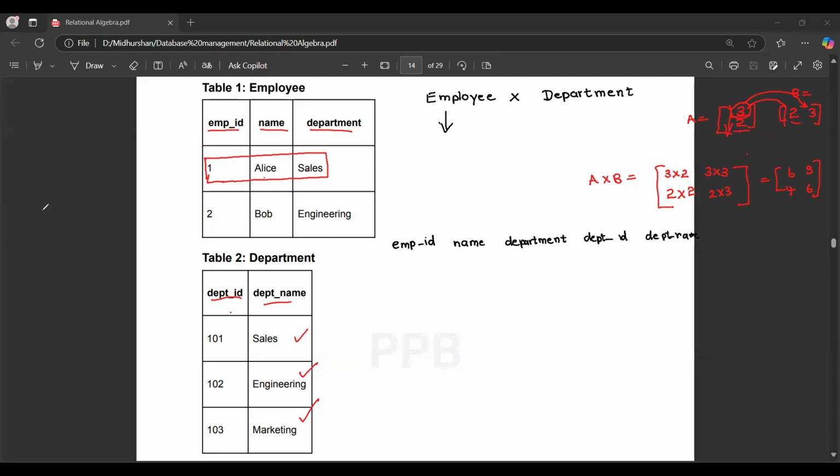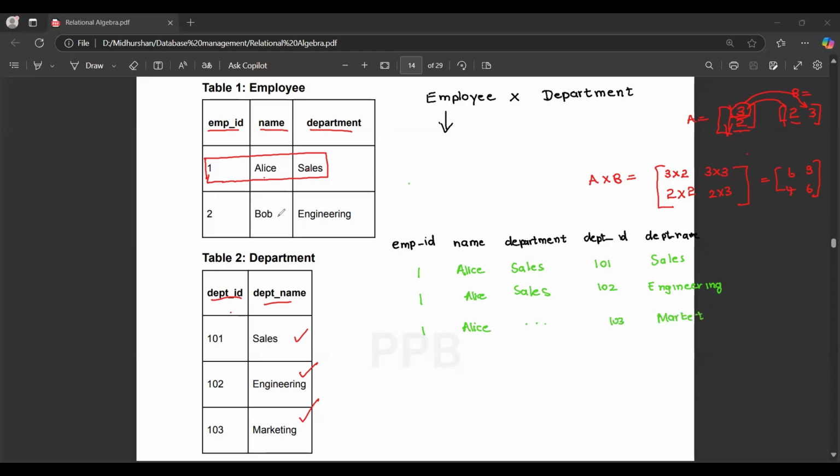Now the output will be emp ID 1 Alice sales 101 sales. This will repeat again: 1 Alice sales 102 engineering, and again 1 Alice sales 103 marketing.